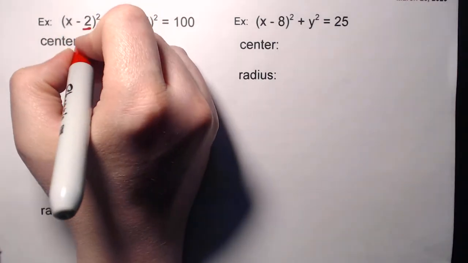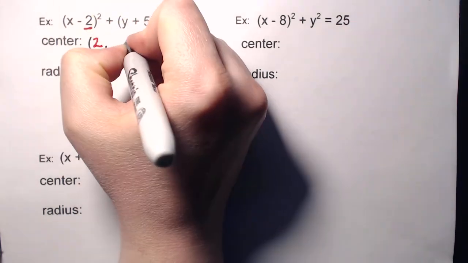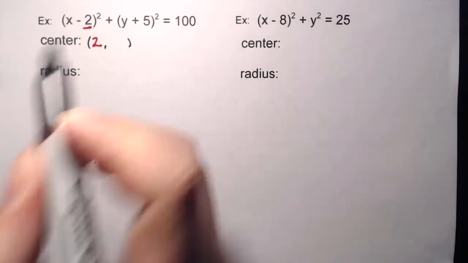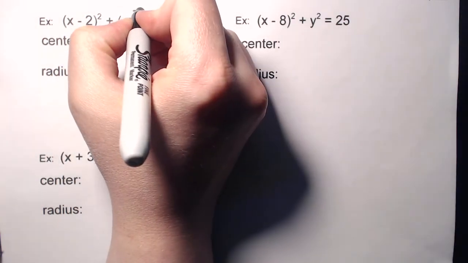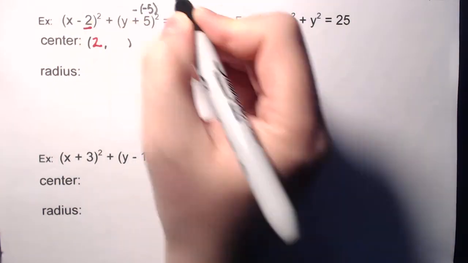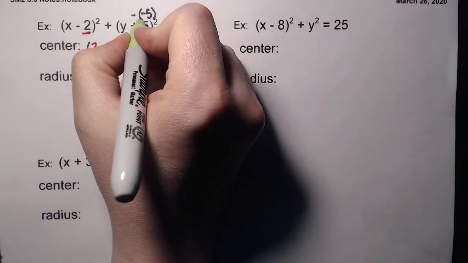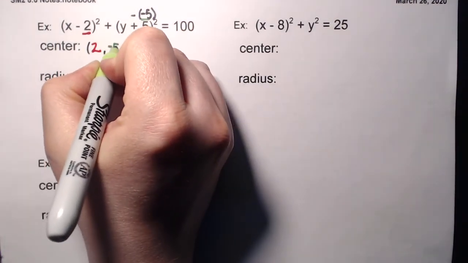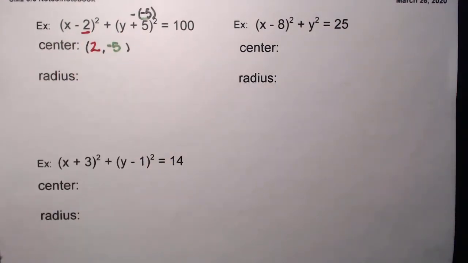So the center is going to be 2. And then this is not my k value because there's not a subtraction there. So what I do is I rewrite it as subtract -5. Or you can just remember to flip the sign. So that -5 is the k value. So the signs end up flipping. So that's the center of the circle.